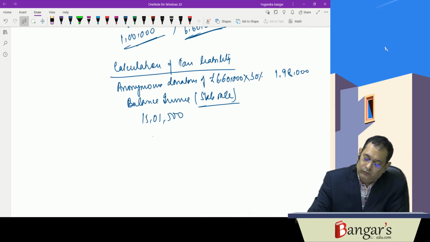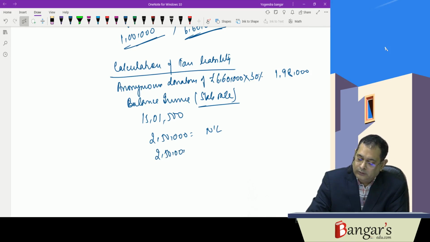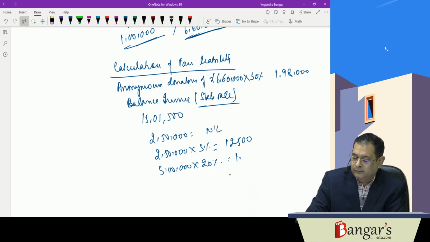On 2,50,000 it is nil. Next 2,50,000 it is 5%, that is 12,500. Next 5 lakh it is 20%, that is 1 lakh.